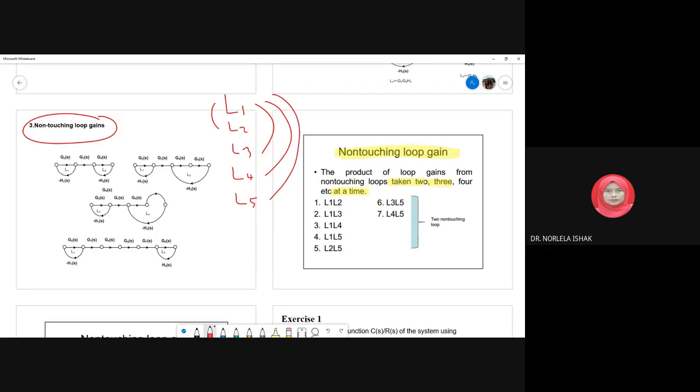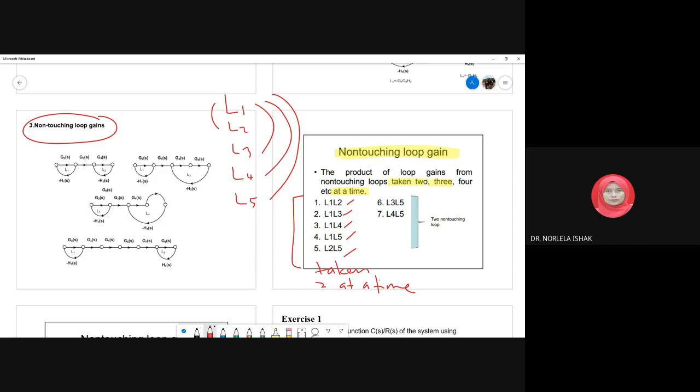Okay, and then if non-touching you list down here. Okay, this is we list down here for non-touching loop gain, meaning 1 and 2 non-touching, you list 1 and 2. 1 and 3 also non-touching, you list down. 1 and 4 non-touching, 2 and 5 also non-touching. We list here. Okay, this is taken 2 at a time.